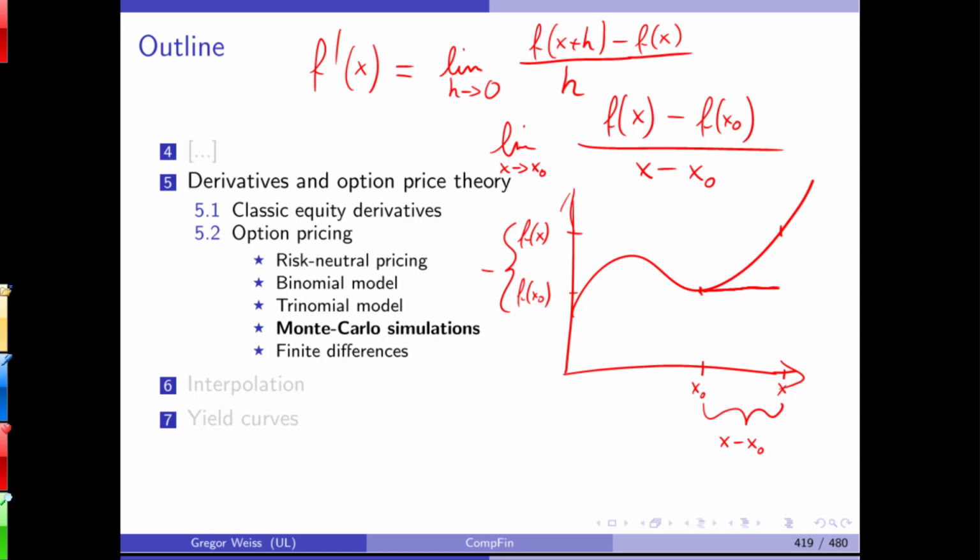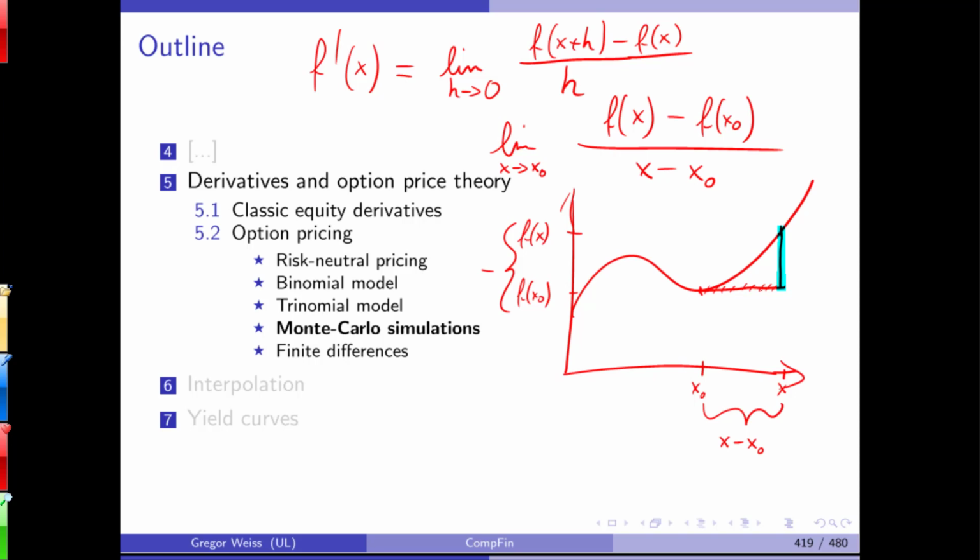So this here divided by this here would give you what? The difference quotient, den Differenzenquotienten.